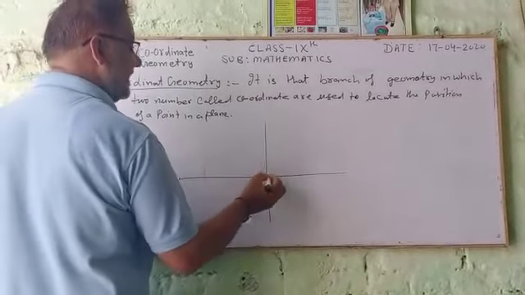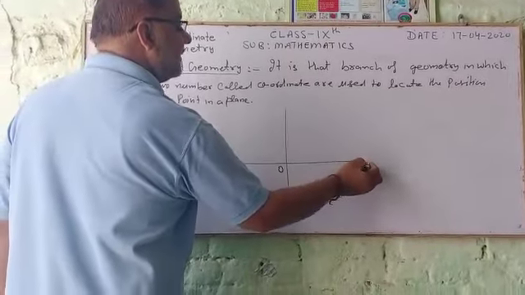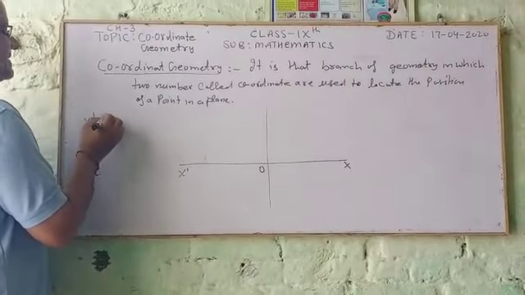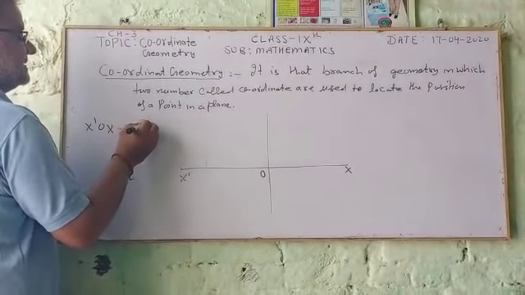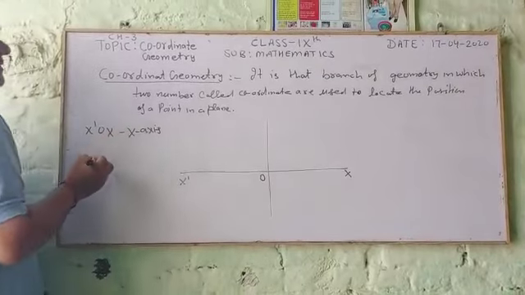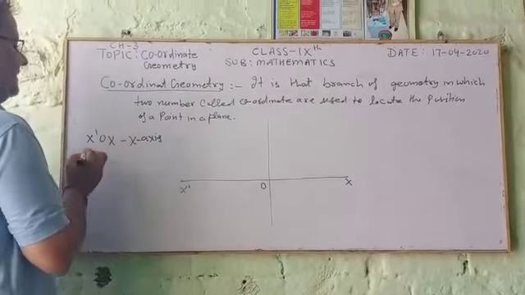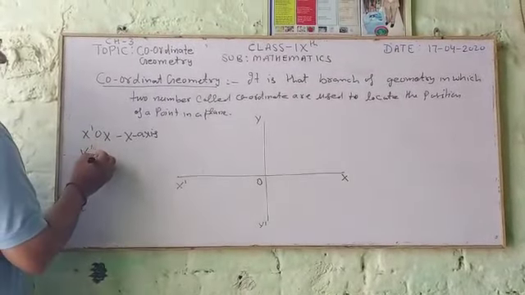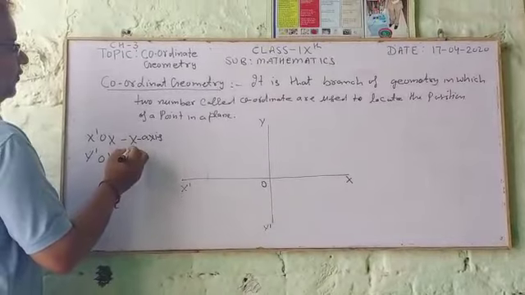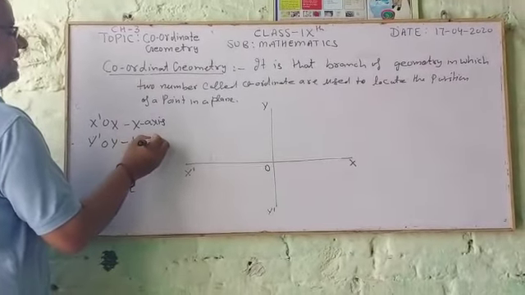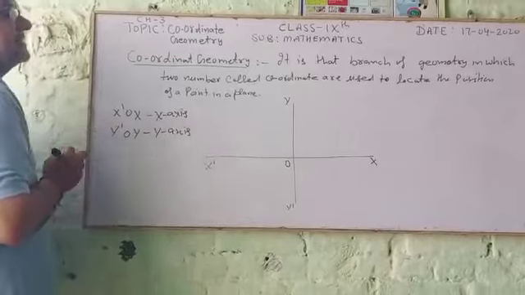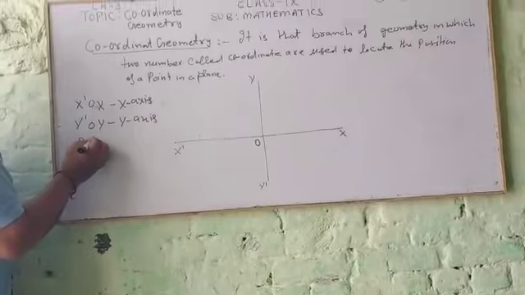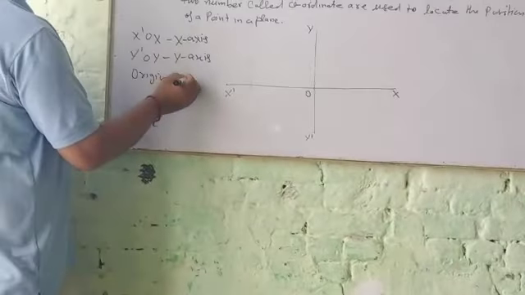In the horizontal direction, X'OX is the x-axis, also called the horizontal axis, and Y'OY is called the vertical axis, or simply we can say the y-axis, and O is the origin. We are taking (0, 0).